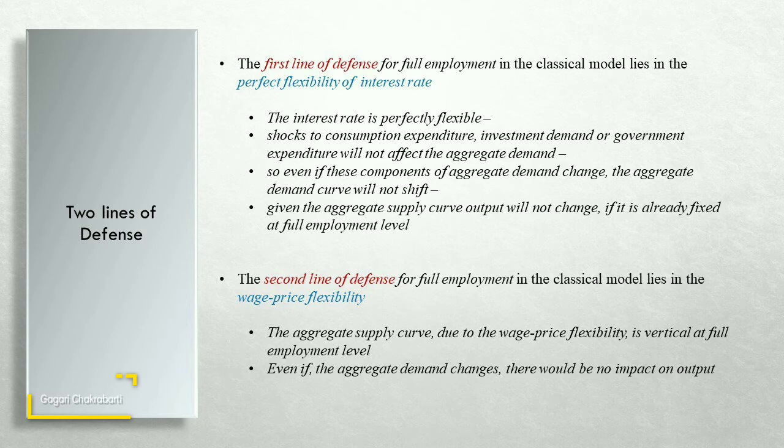The wage price flexibility ensures that the labor market will always be cleared at the natural rate of employment and the aggregate supply curve is vertical at the full employment level. So, even if the aggregate demand changes, there would be no impact on the level of output. So, irrespective of the level of the aggregate demand curve, the full employment level of output will always be produced in the classical model.